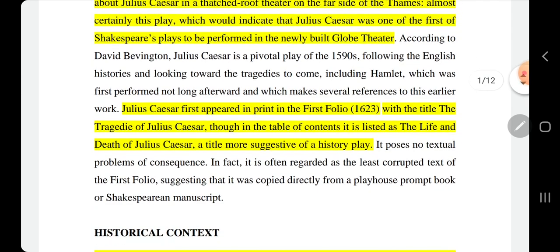Julius Caesar first appeared in print in the First Folio, 1623, and the title was a little bit different: The Tragedy of Julius Caesar. Though in the table of contents it is listed as The Life and Death of Julius Caesar, a little more suggestive of a history play.